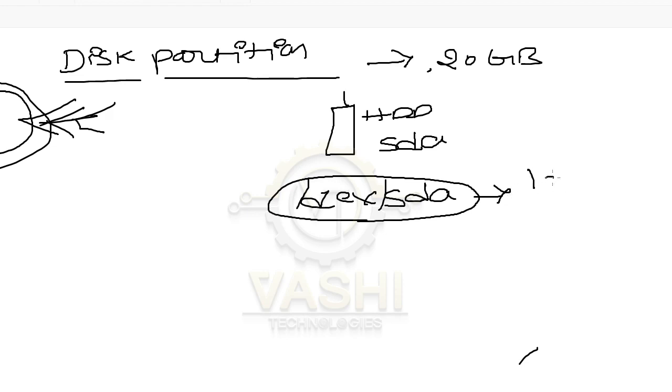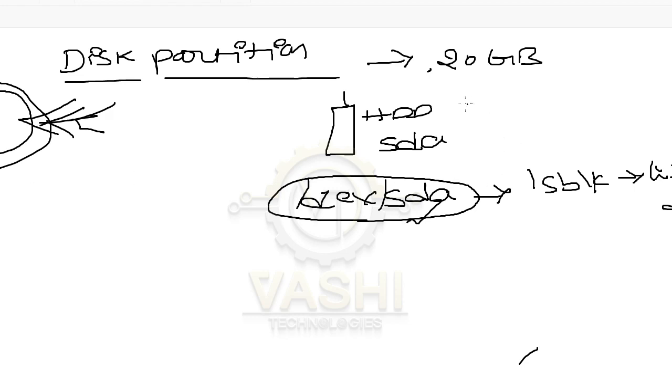The command is lsblk. What is this, guys? lsblk means list of block devices. You can get the list of block devices with the lsblk command.